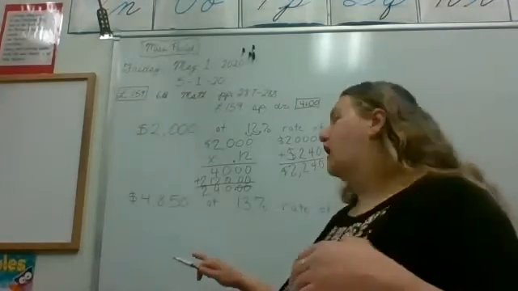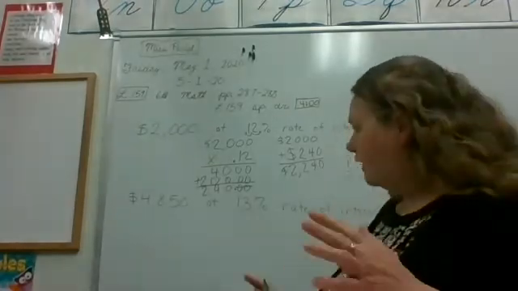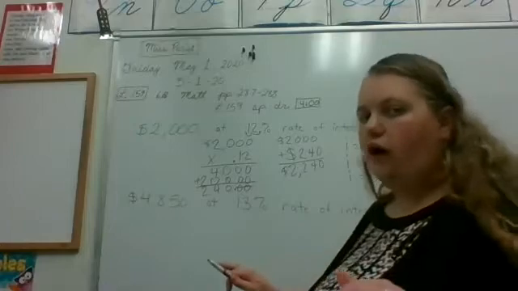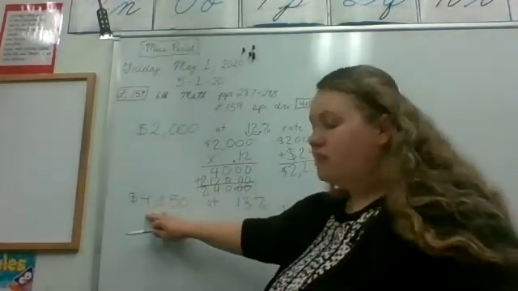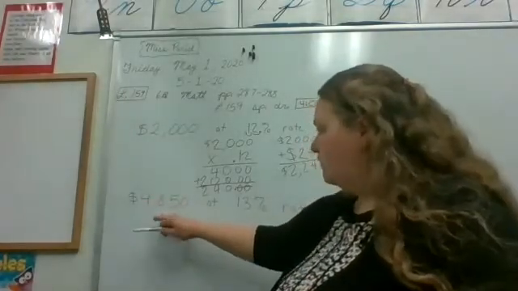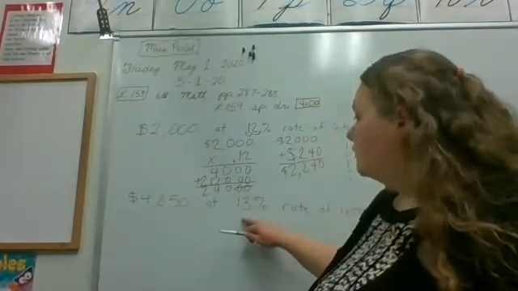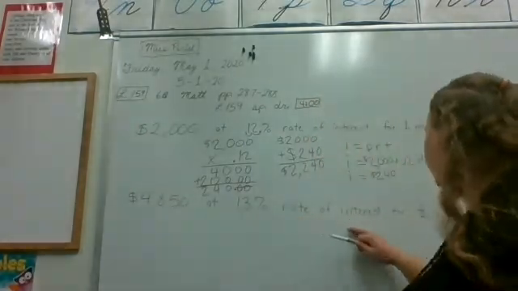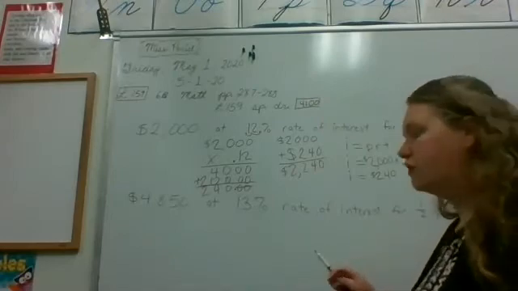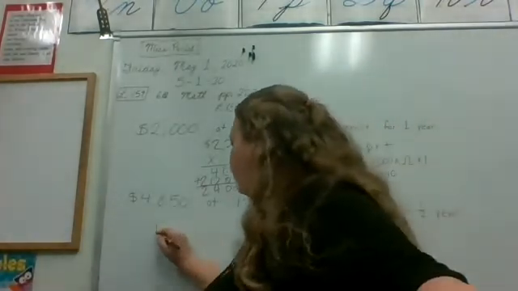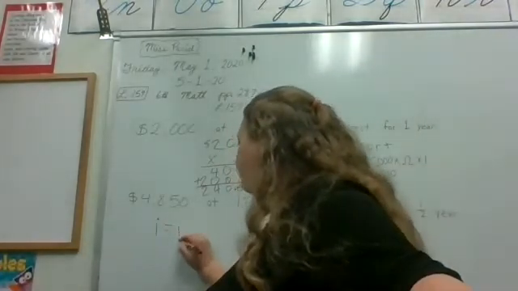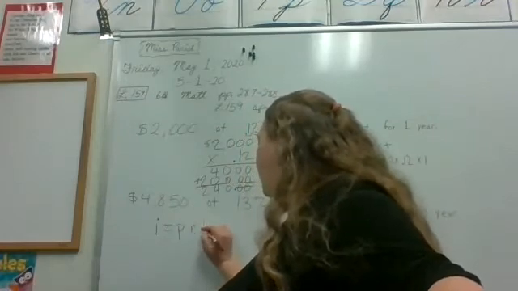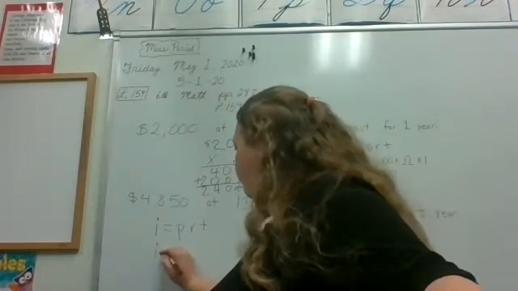The second one that I have on the board, and if you wanted to write this on your scratch piece of paper so you can follow along, it's $4,850 at 13% rate of interest for 1/2 year, okay? So we gotta put our formula, I equals P times R times T. So what's our principal?